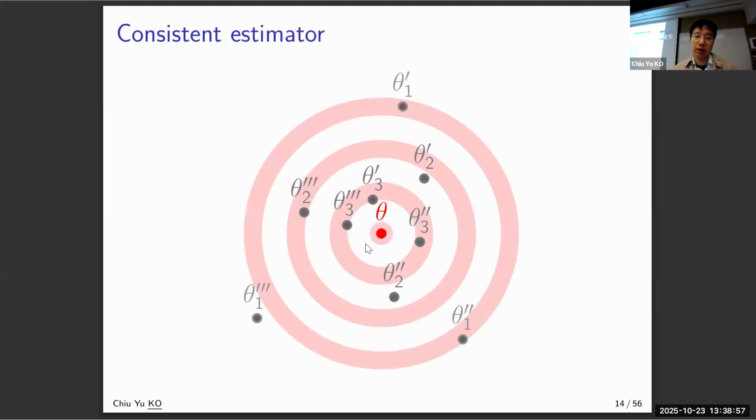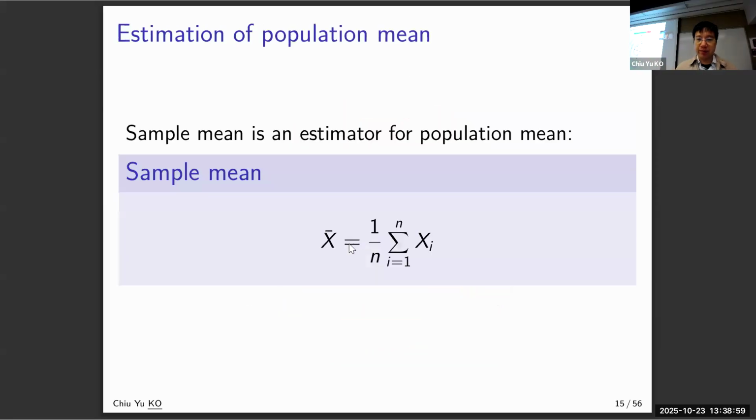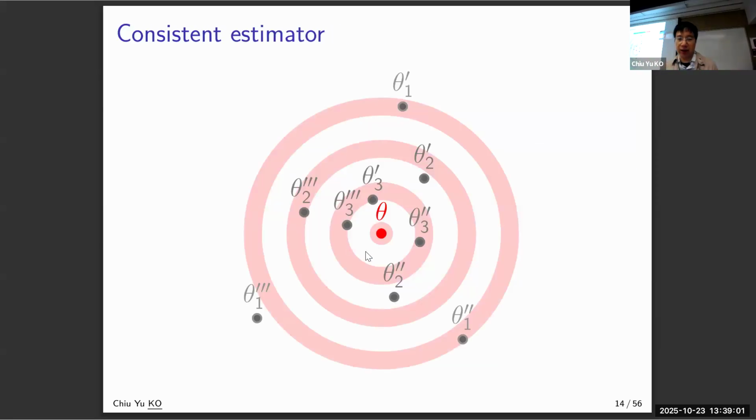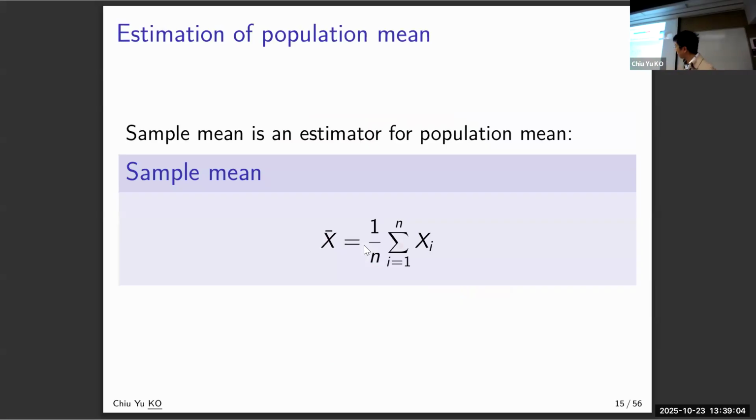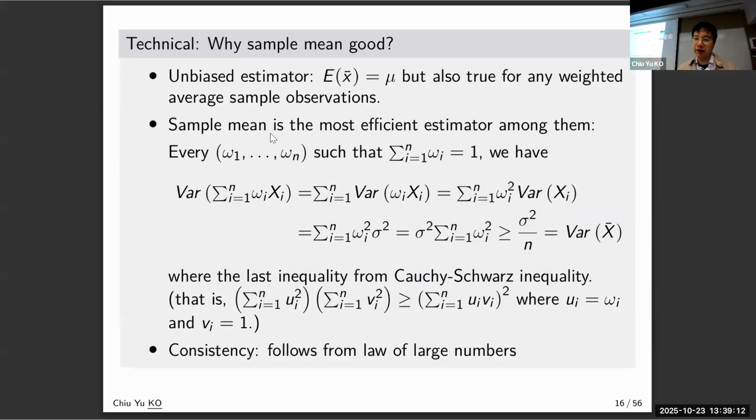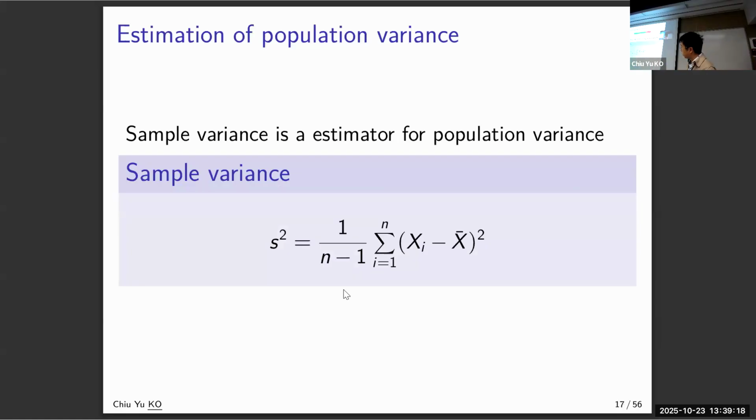That is what it means in general, except for some technical differences. And the sample mean is a good estimator because it satisfies unbiasedness, is efficient among any linear combination, and is also consistent. And last time we explained in detail why the sample variance is a good one.